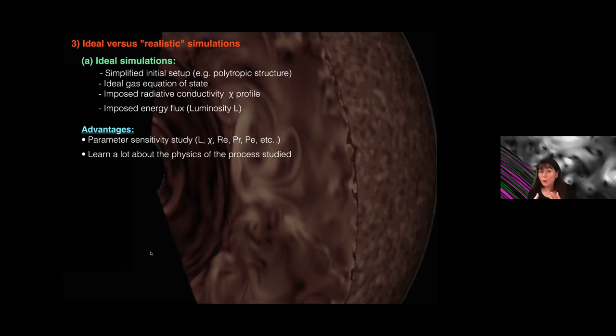Usually you impose the radiative conductivity profile, so it's not based on realistic opacities, and you impose also the energy flux, so the luminosity of your system. The advantage of this approach is that you can do a parameter study in terms of the usual non-dimensional parameters. And thanks to this parameter sensitivity study, you can also learn a lot about the physics of the process that you are studying.